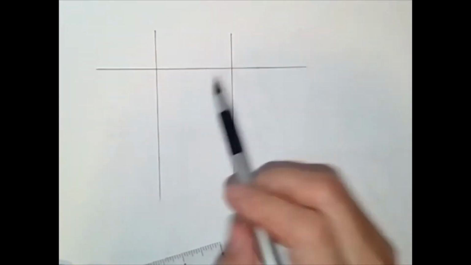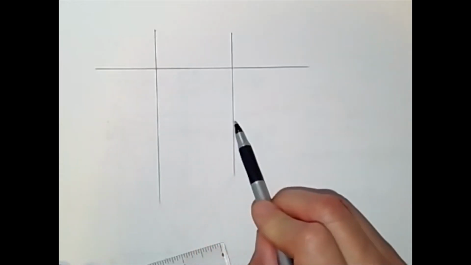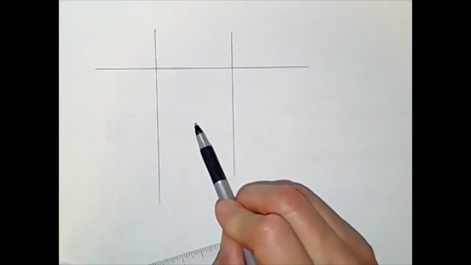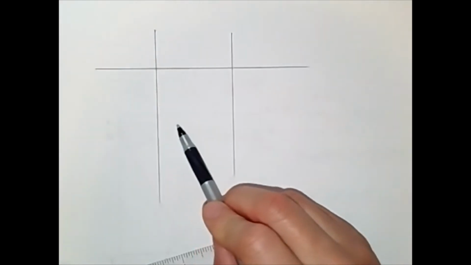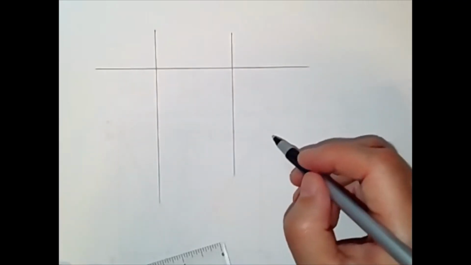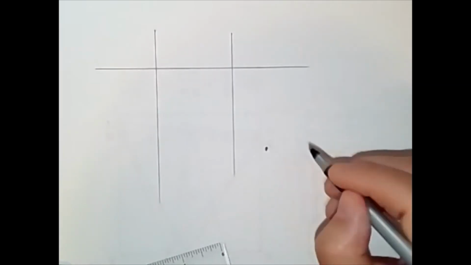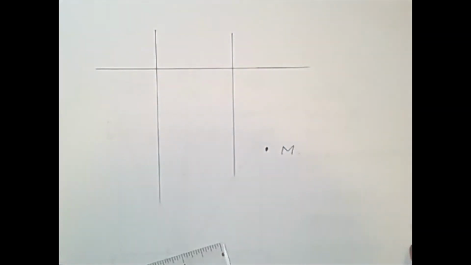Of course, we can choose a point M in the middle of the 2 parallel lines and then draw an equilateral triangle. However, here's the question. What happens if I choose another point, for example, a point like here? This is my M. Then what will happen?